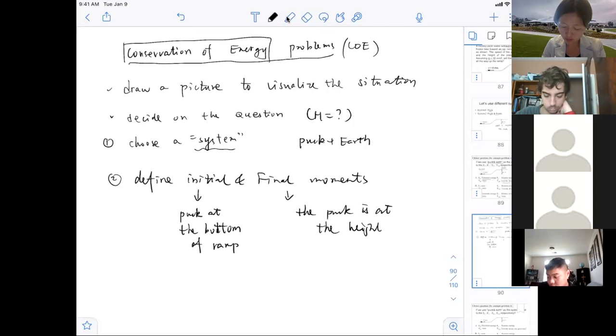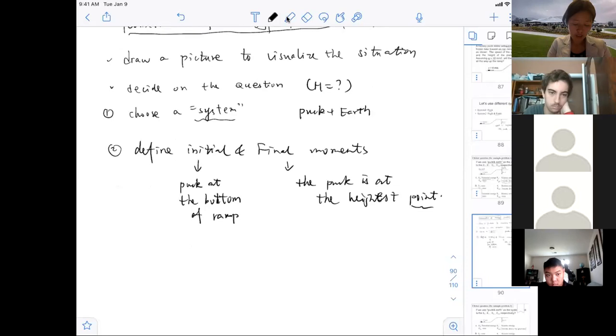Is it obvious why we chose these two different moments? Because we know some information about initially what's happening, with that velocity, and we want to know what's going on finally. So that's why we identified these two different moments.